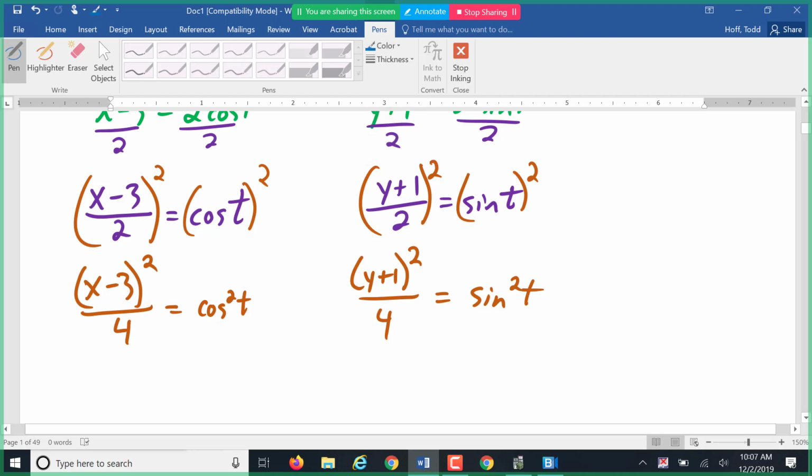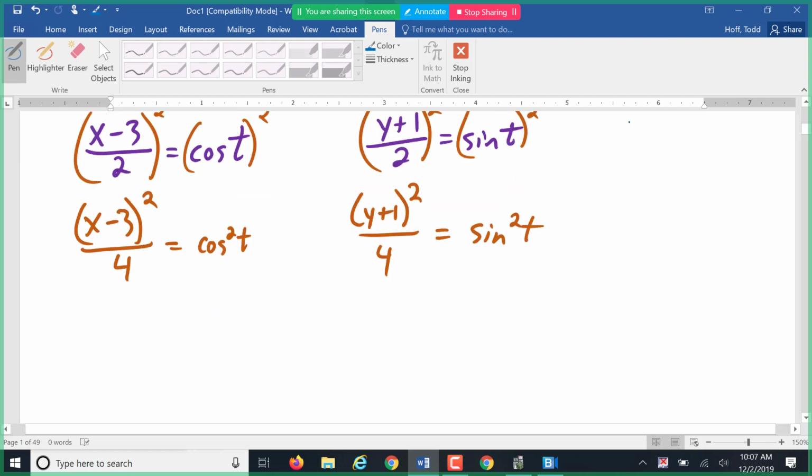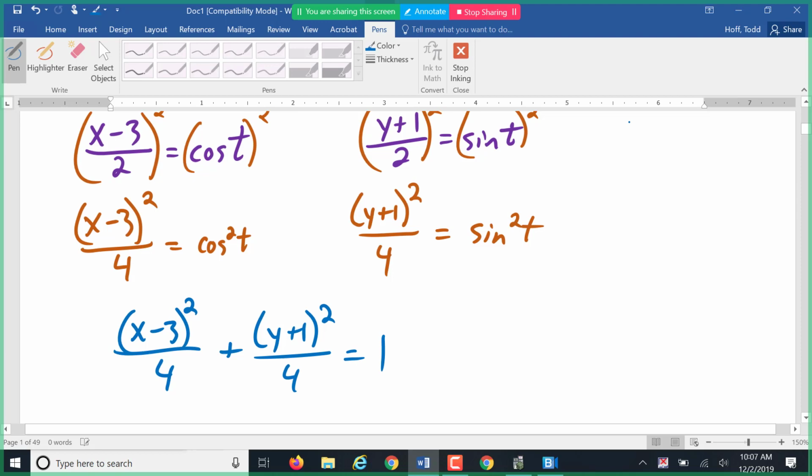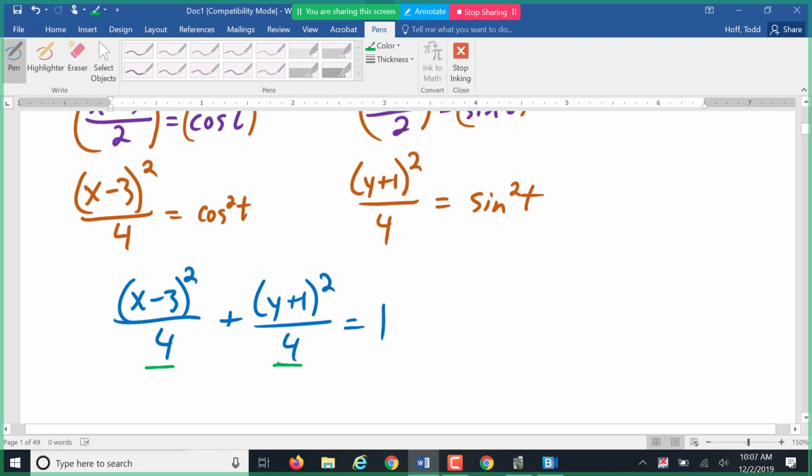Now, substituting that into sine squared plus cosine squared equals 1, or cosine squared plus sine squared equals 1, whichever way you prefer to do it, I've got x minus 3 squared over 4 plus y plus 1 squared over 4 equals 1. Now, since these numbers are the same, that tells us this is the form of an ellipse. But since a and b are both the same, this is actually a circle.